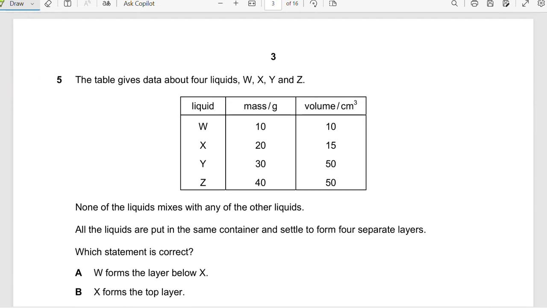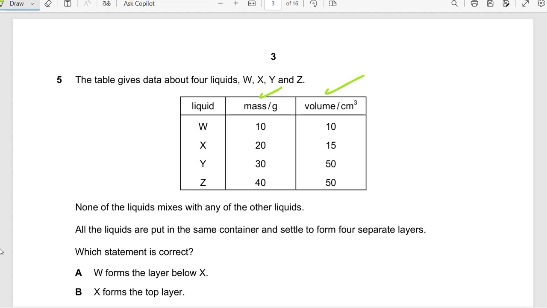Question 5, the table gives data for 4 liquids, W, X, Y, and Z. They gave me the mass and the volume, right? They say none of the liquids mixes with any of the other liquids. Okay.